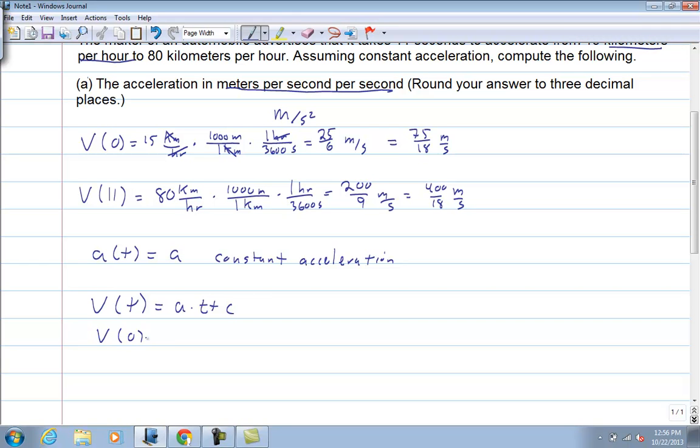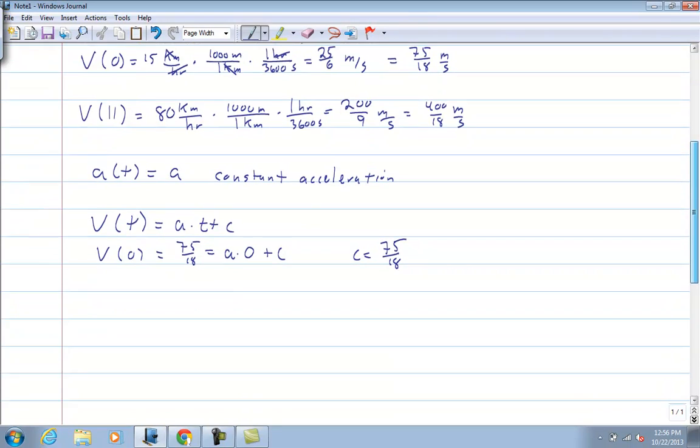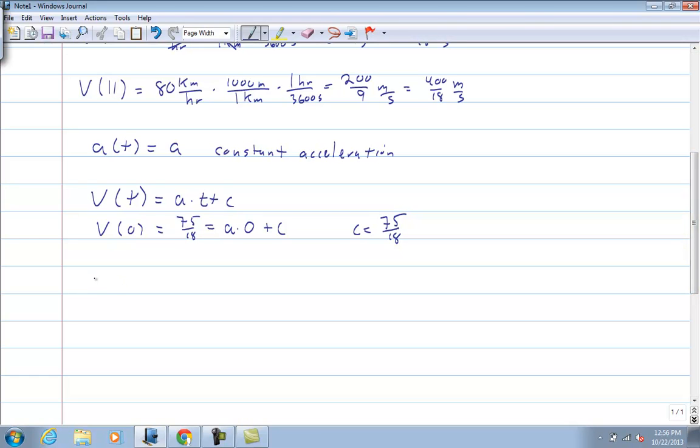And we know the velocity at time 0 is, as we found above, 75 eighteenths, which will be acceleration times 0 plus the constant, which means our constant is going to be 75 over 18. So we also know our velocity at time 11 seconds is 400 eighteenths. That's going to be the acceleration times 11 plus 75 eighteenths. By the way, our velocity equation is going to be a times t plus 75 eighteenths.